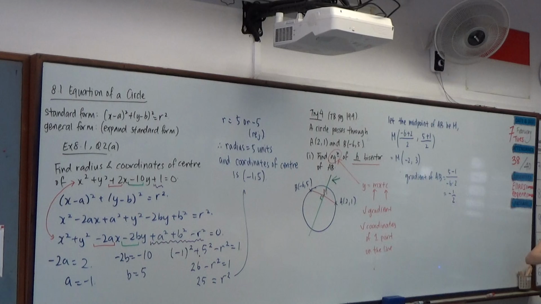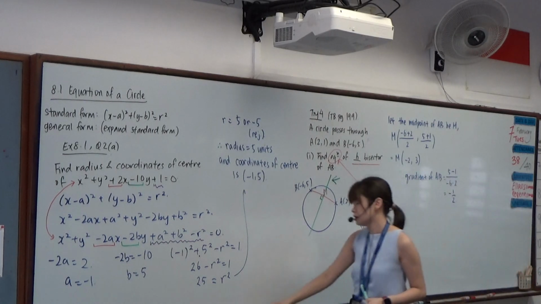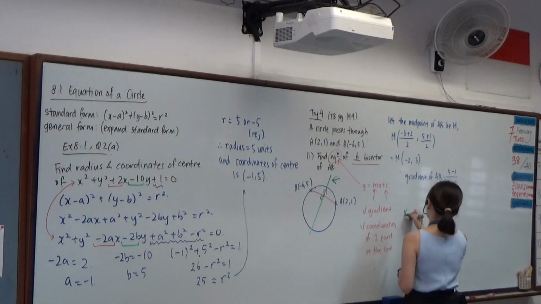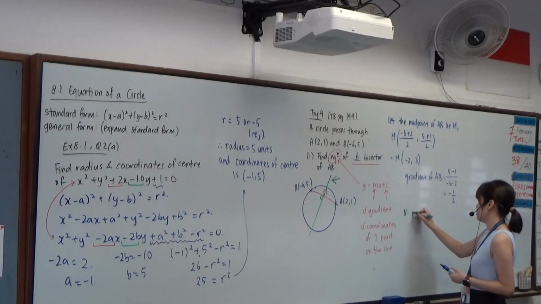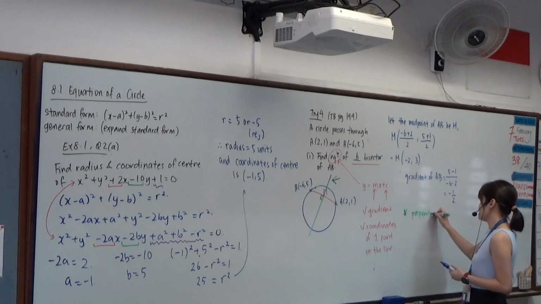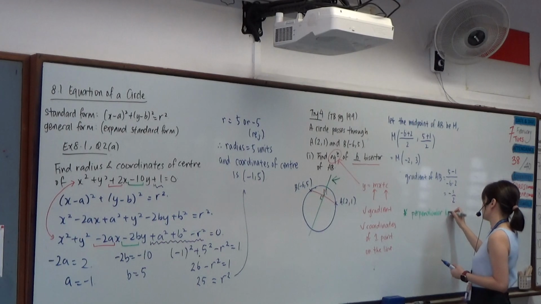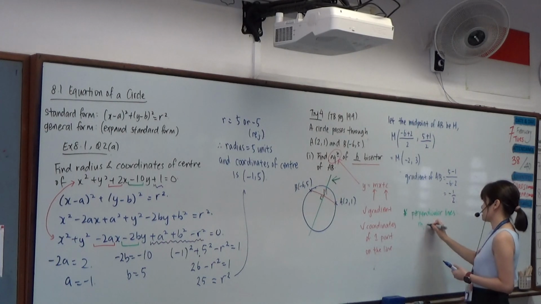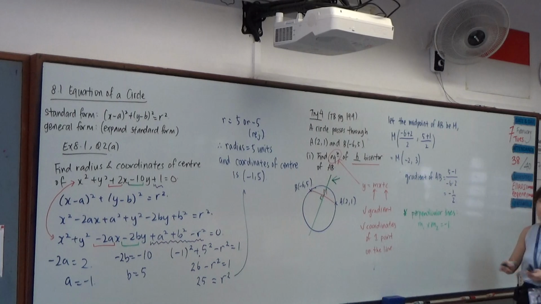If you recall from Sec 3, perpendicular lines: m1 times m2 equals negative 1. I'm just writing this out in case anybody has forgotten it already.